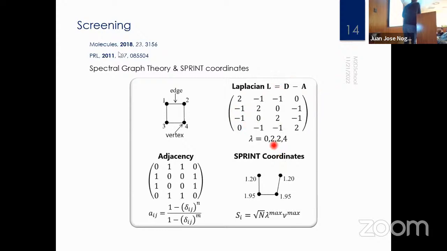But the interesting thing comes with the eigenvalues, because the number of zeros corresponds to the number of fragments. Here we have only one fragment, one molecule, one 0. If the system already fragmented into 2 fragments, then we have 2 zeros, and if we have 3 fragments, 3 zeros. This is the reason for using the Laplacian. So we use the adjacency matrix, but also the Laplacian for these other properties.